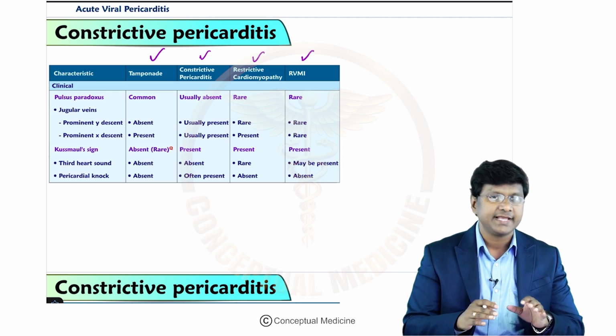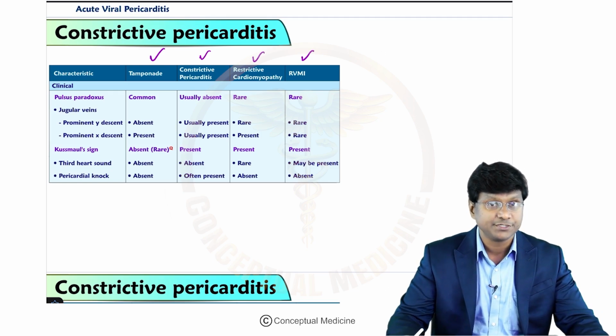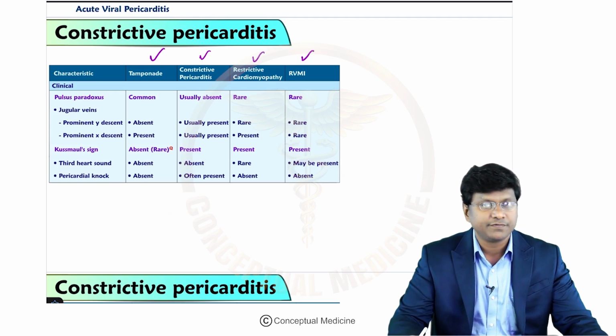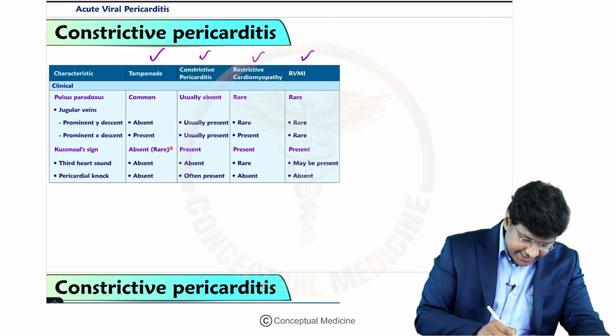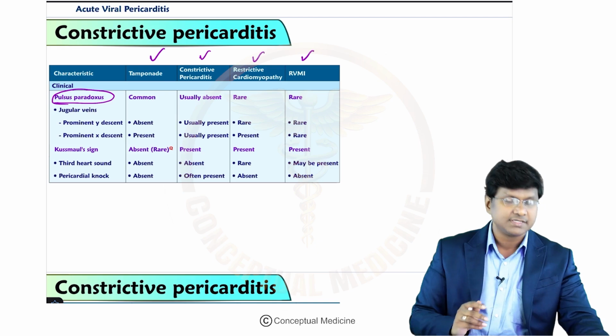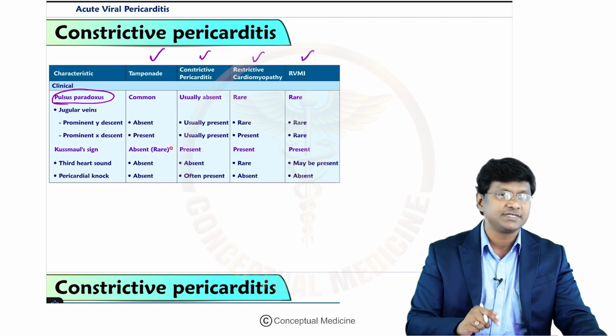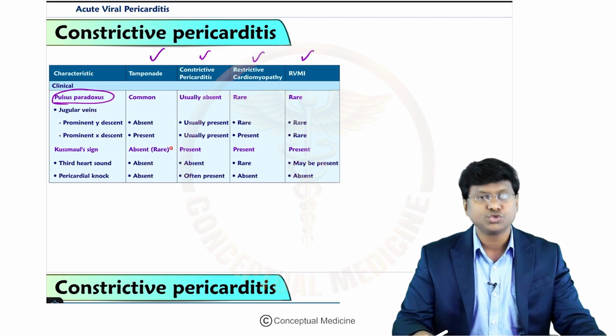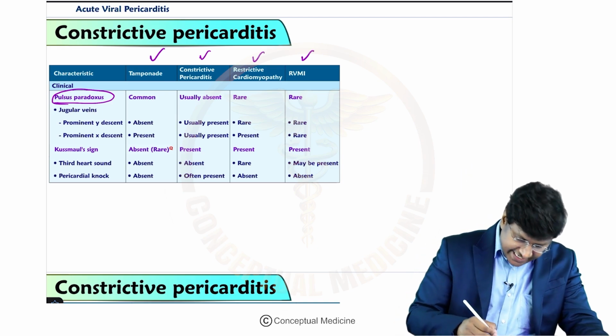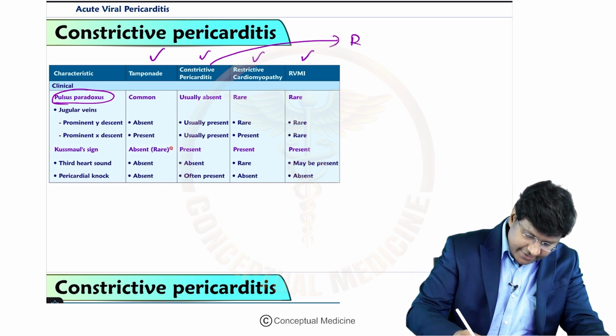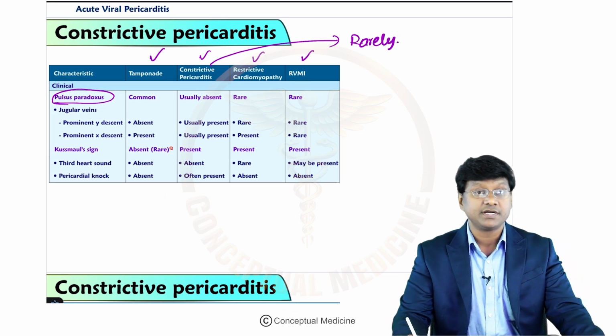All of these are characterized by diastolic dysfunction. Take the clinical sign pulsus paradoxus. It is present in cardiac tamponade, usually absent in all others. Occasionally, rarely, you can have pulsus paradoxus even in patients with constrictive pericarditis.